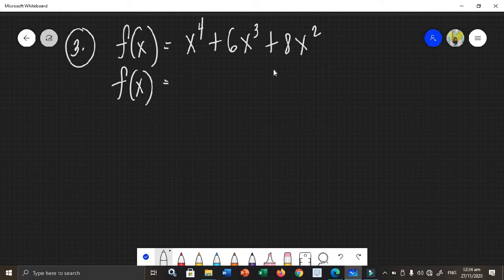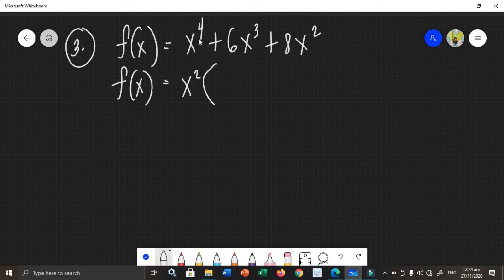Punta ka doon sa variable. Same naman sila lahat ng variable, therefore, tingnan mo yung exponent nila. Kung sino yung pinakamababa yung exponent, yun yung GCF nila or yung common factor nila. So, therefore, ang common factor nila is x squared. Then write a parenthesis, and you need to divide this common factor to each term in this trinomial.